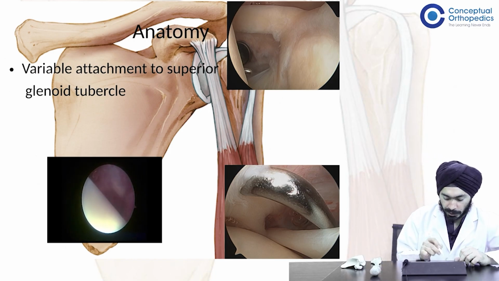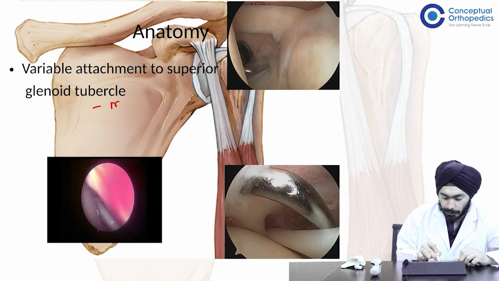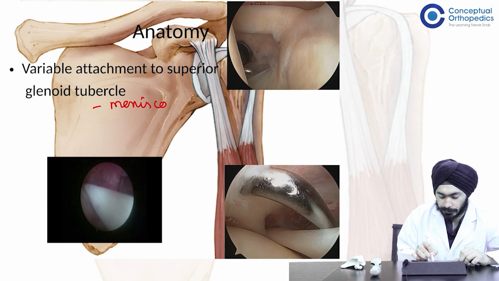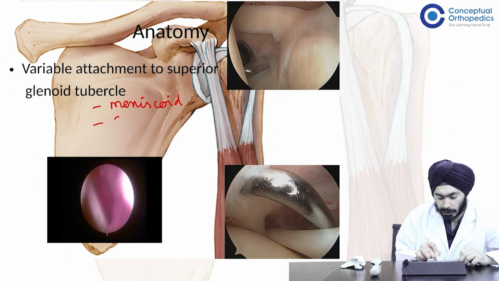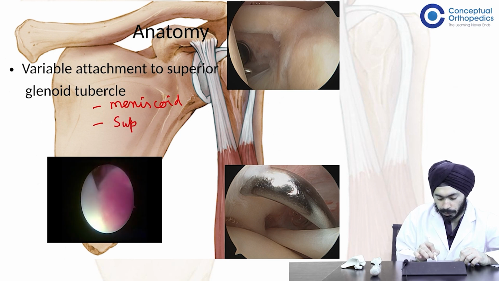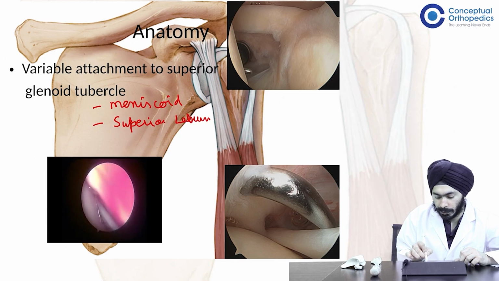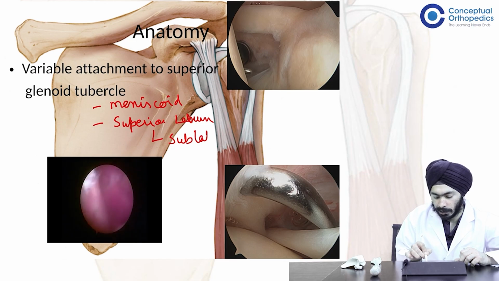So what is variable? It can have a meniscoid-like attachment, or there may be a presence of what is called a sub-labral recess.